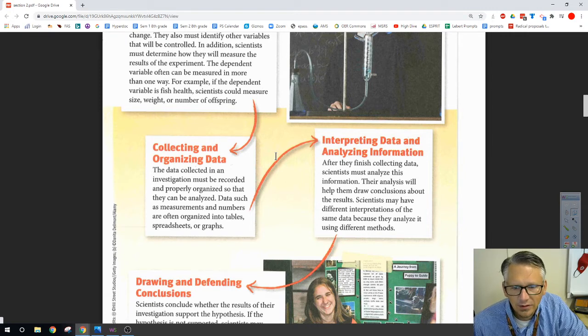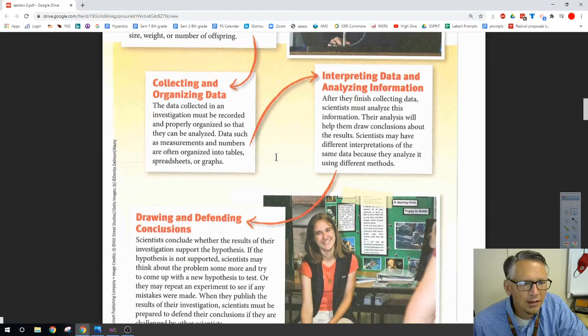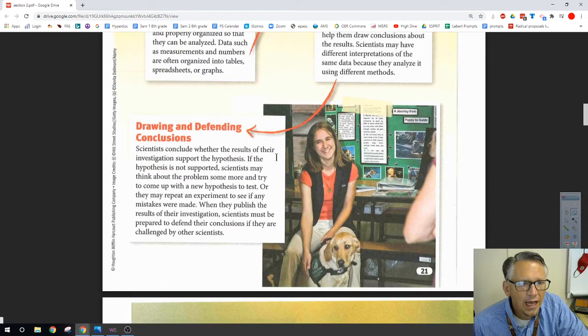Scientists may have different interpretations of the same data because they analyze it using different methods. Drawing and defending conclusions. Scientists conclude whether the results of their investigation support the hypothesis.